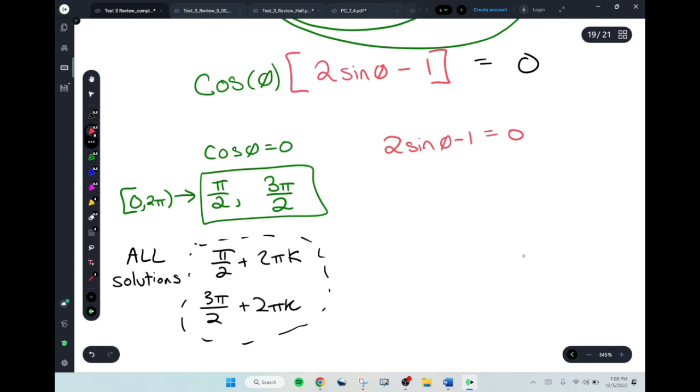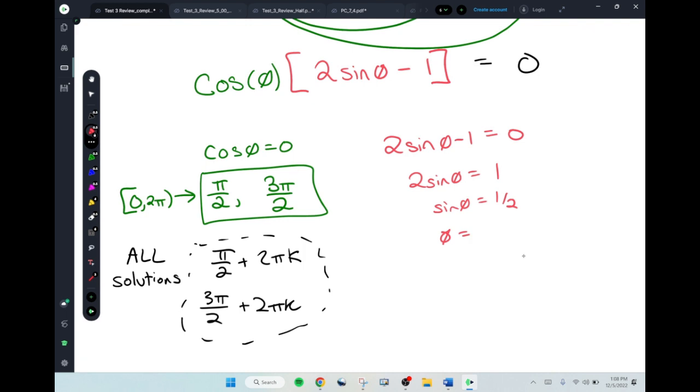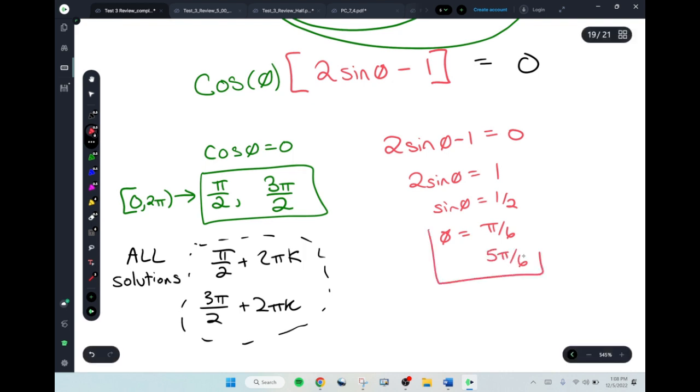All right, let's hop over to this red guy. 2 sine theta equals 1, sine theta equals 1/2, theta equals, whoever's got it memorized the best. You gotta memorize that unit circle. And 5 pi over 6. Love it.